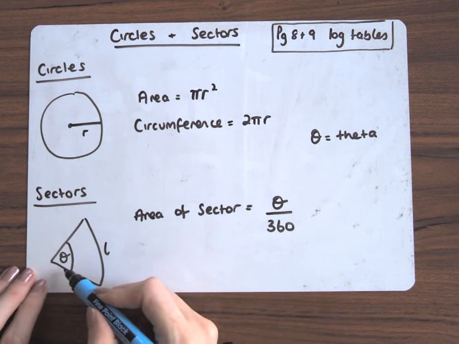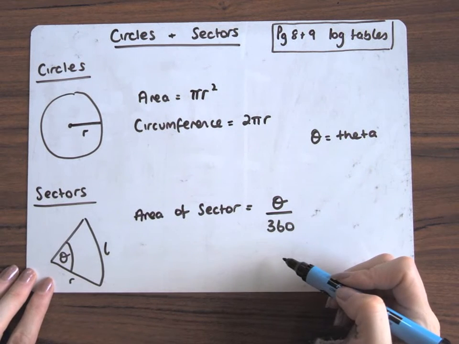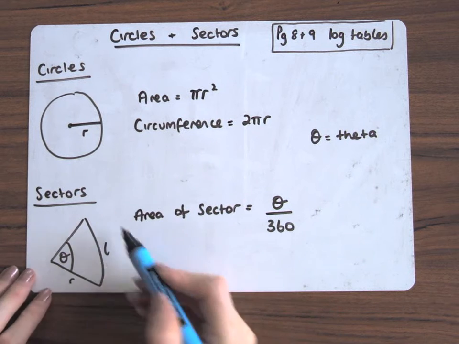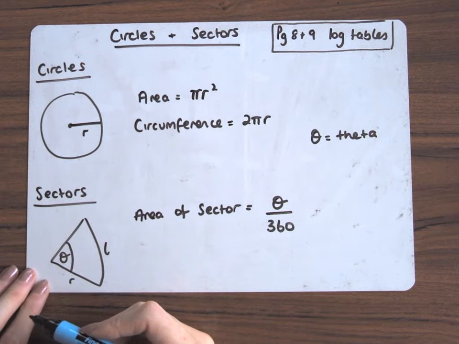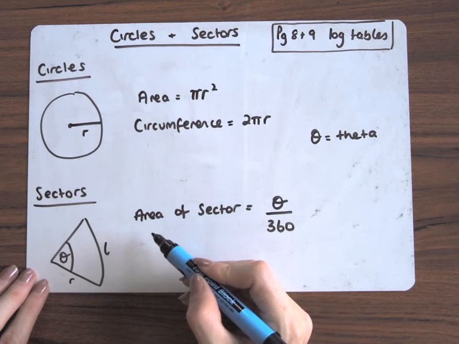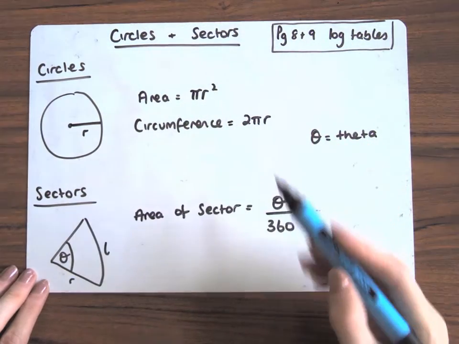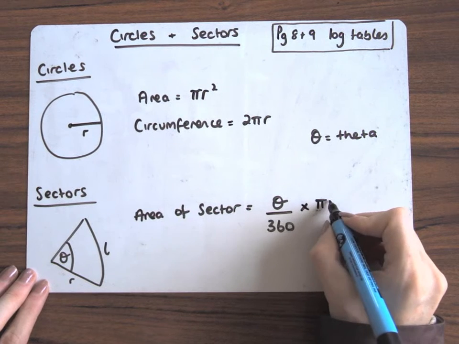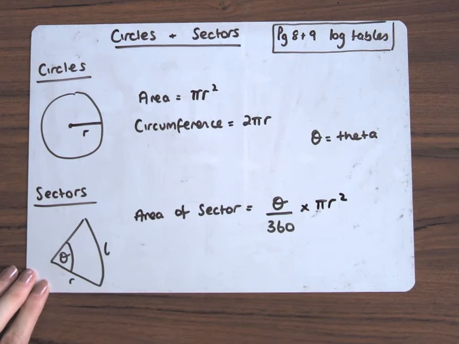If it was 90 degrees, it would be 90 over 360. You're just trying to find out what fraction of the full thing. Now, because I'm dealing with area, you use the area formula up there. Theta over 360 by the area.